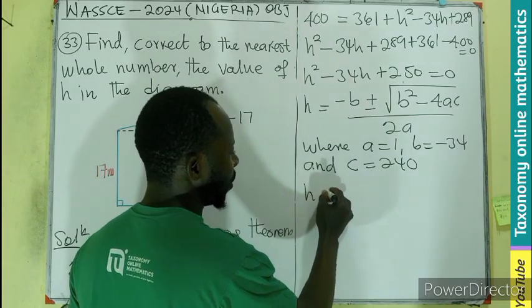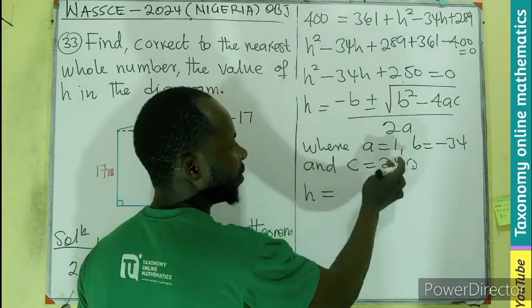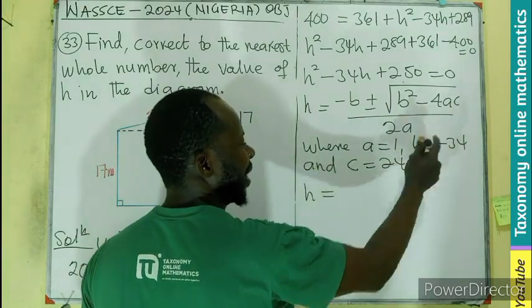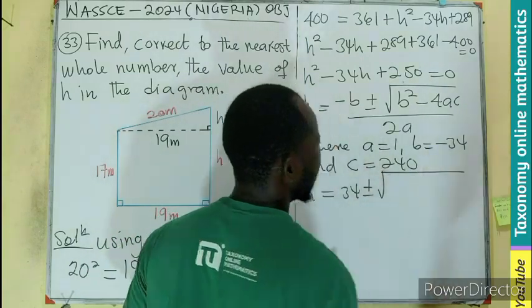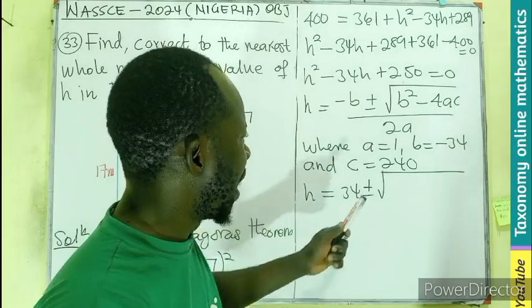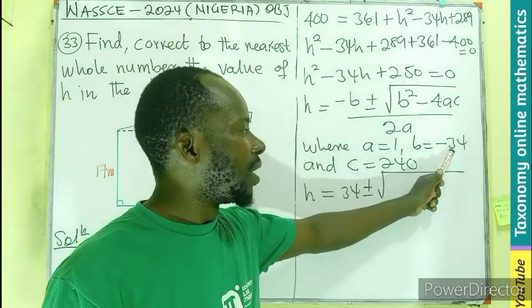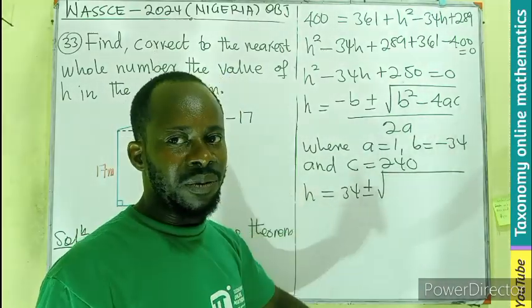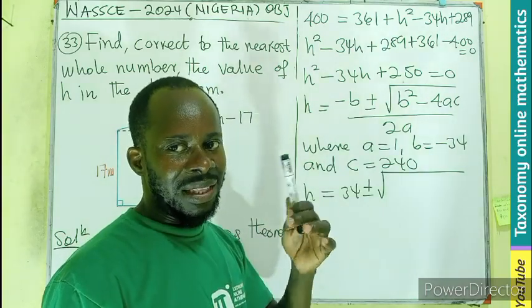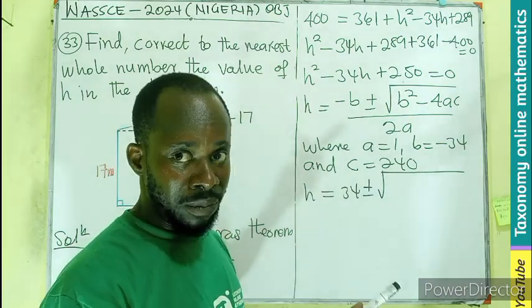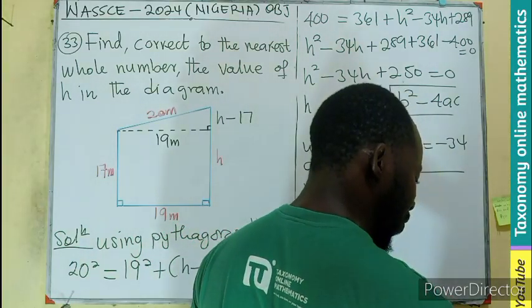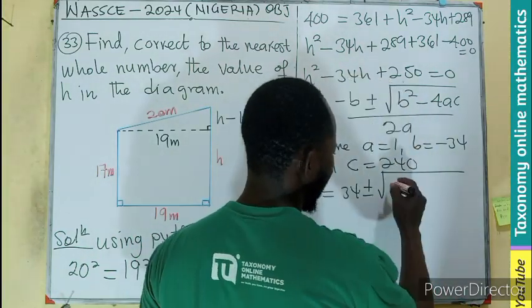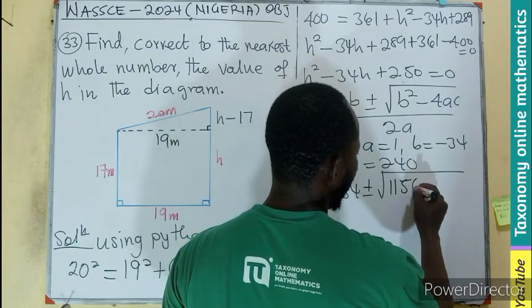250, meaning your h will be equal to minus b, minus 34, plus or minus, we are going to have minus b, right? And what is the minus b? That means negative 34 times 34. Both negative multiplied will give you a positive. So 34 times 34 will give us 1156.